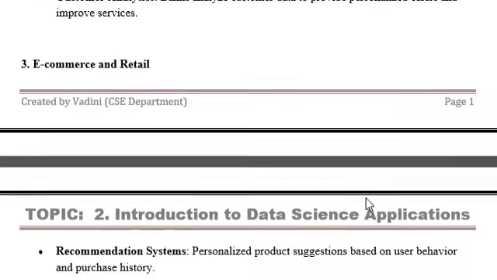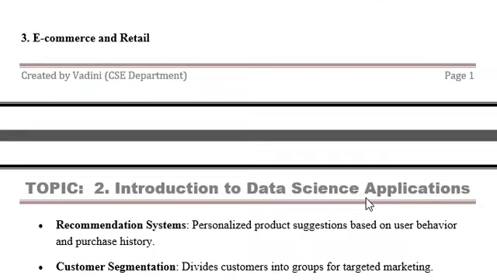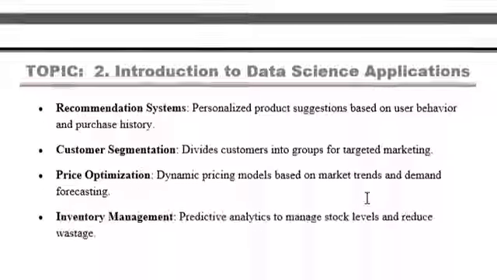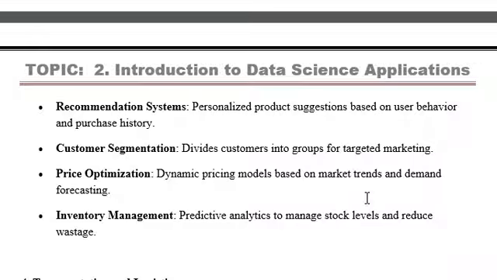The third one, which is very much in boom nowadays, is e-commerce and retail. Recommendation systems personalize product suggestions based on user behavior and purchase history; what the user wants, it will recommend the same thing.